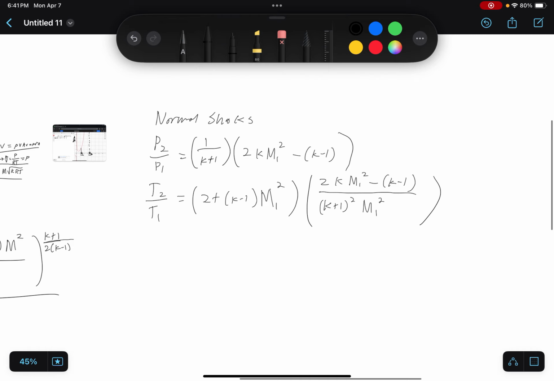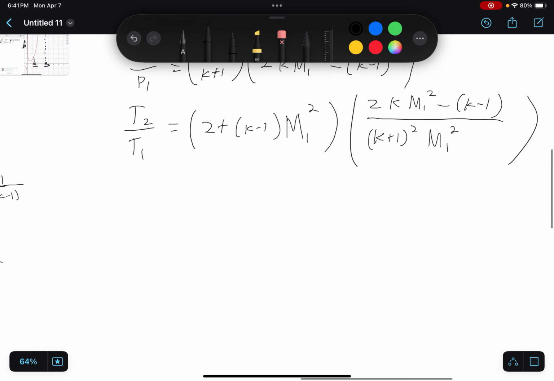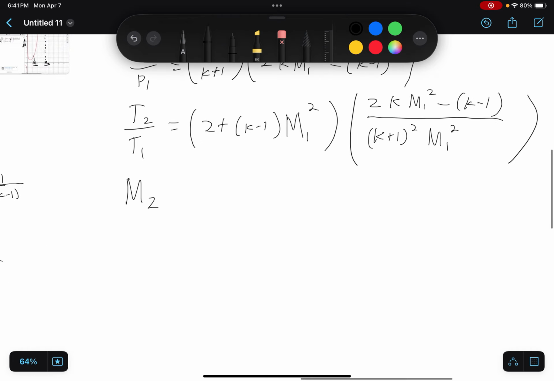All right. And the last one. I'm going to write it a different way. I'm going to just square root the right-hand side.